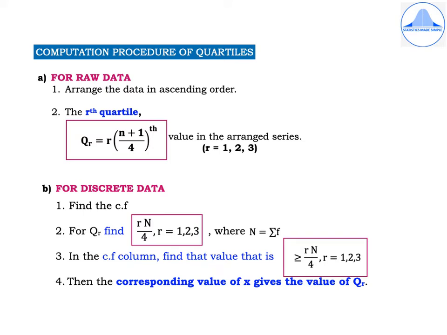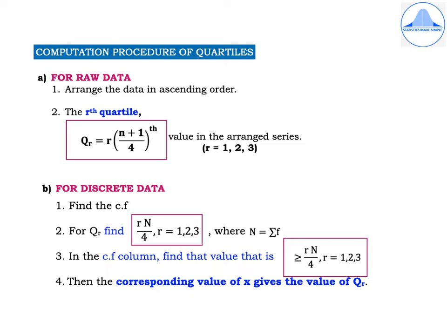Let us now learn the computation procedure of quartiles. First, subdivision for raw data. The first step is you have to arrange the data in ascending order. The rth quartile is denoted by Qr and the formula which we use is Qr is equal to r into (n plus 1) by 4th value in the arranged series, and r takes the values 1, 2 and 3 because we have three quartiles.